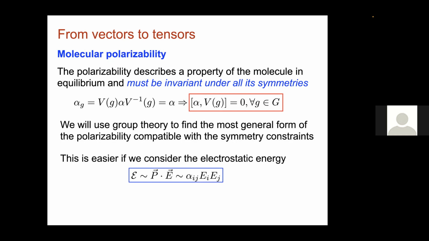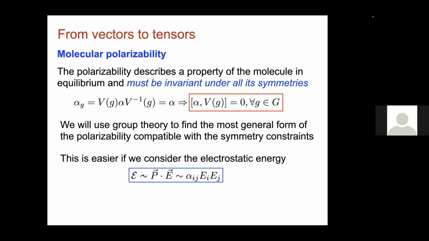Now, when you want to do this with a tensor like alpha, it's always easier if you involve the tensor into a scalar. For instance, if you multiply alpha_ij times E_j, you obtain the polarization. So this means that the product of the polarization, or the electric dipole moment, times the electric field is proportional to the energy.